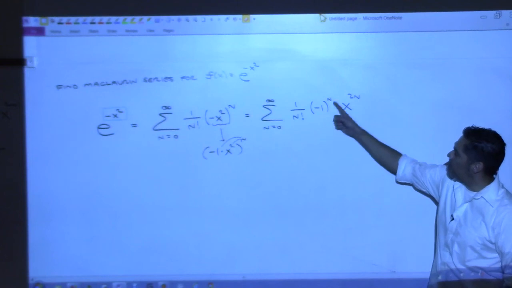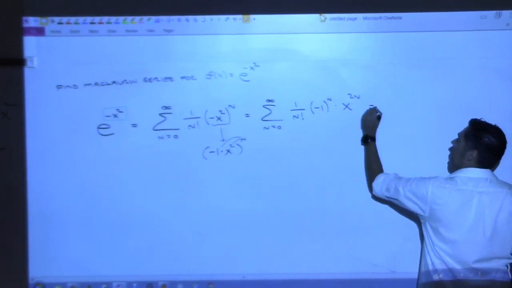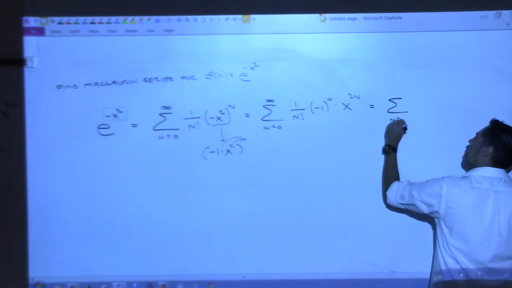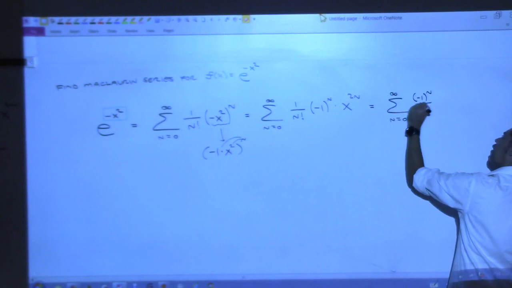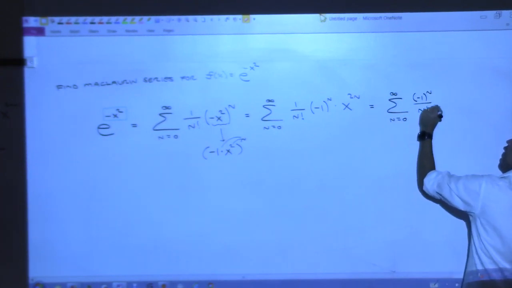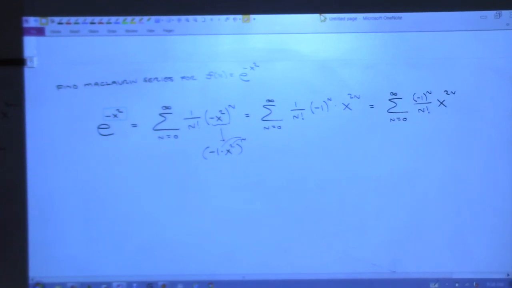So that became negative 1 to the n and x to the 2n. And that's pretty much it. I could write it like negative 1 to the n over n factorial, and then x to the 2n. There it is. There's the Maclaurin series for e to the negative x squared.